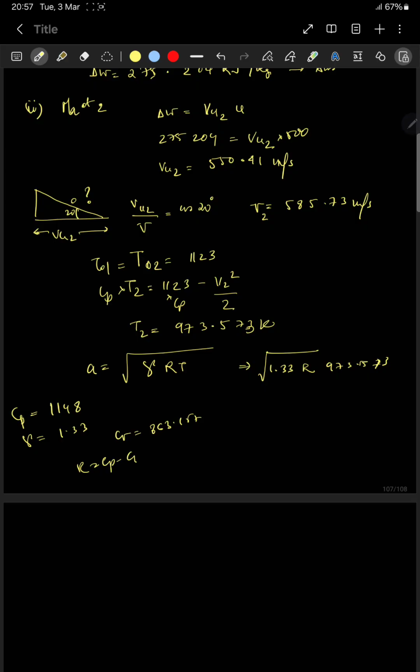R is equal to Cp minus Cv, which is equal to 285. So 1.33 into 285 into 973.573, square root, 607.48 meter per second.